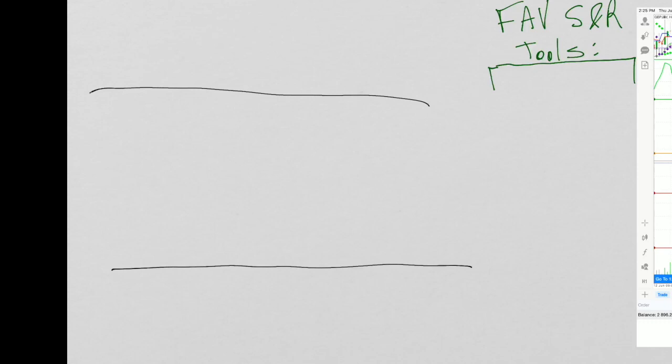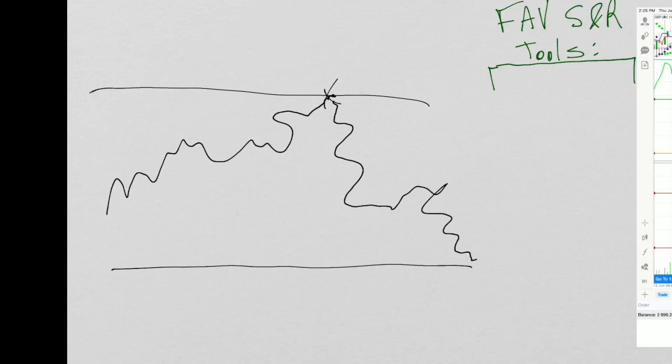So you can think of those two paddles as support and resistance. The price is going to dance around and travel in between these two key areas, and then it's going to react to those areas.